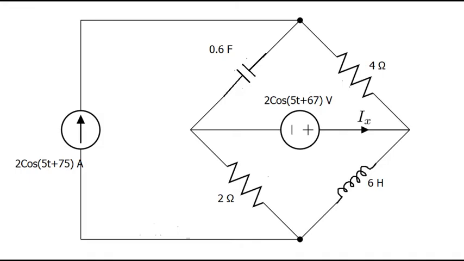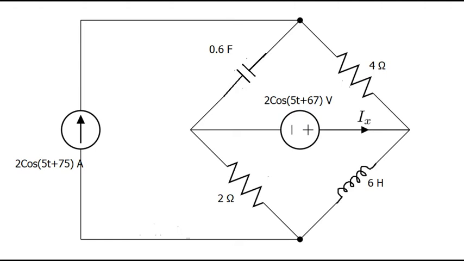After we've identified the given, we have to see what theorem or analysis we can use. If you use mesh or nodal analysis, this would be very difficult, and the same goes for the Thevenin and Norton theorem. So the best option here would be to apply the superposition theorem.